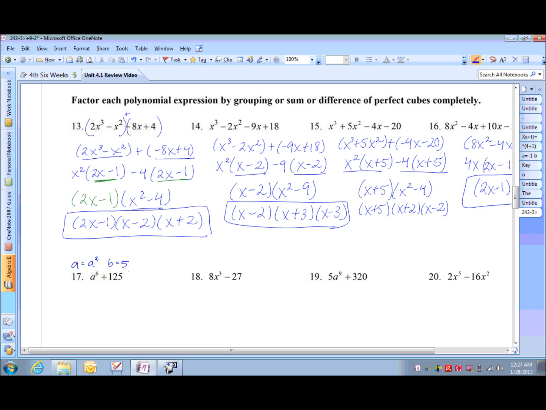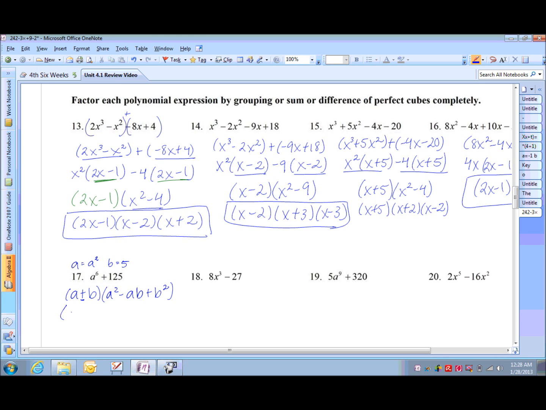And since we have a sum of perfect cubes, we're going to use the sum factoring formula that we know, which is a plus b, remember, the first sign always matches, times a squared minus a times b plus b squared. And all we do now is plug in the a and b values that we found.